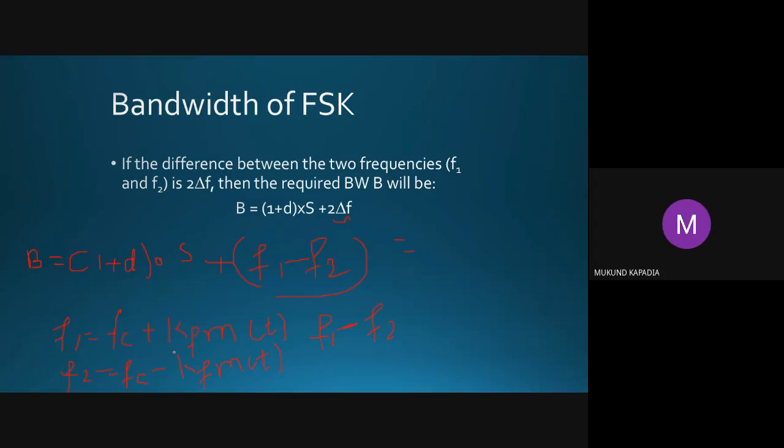Fc will cancel out, so what remains is 2 K of m of t. So plus and minus, minus plus: 2 times K of m of t. So here is the delta F. 2 into delta F if you compare. So delta F is nothing but K of m of t.